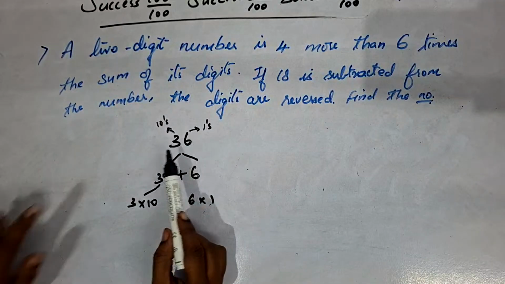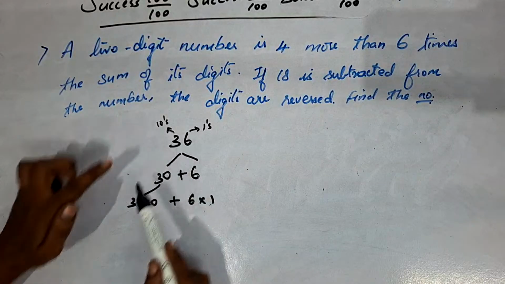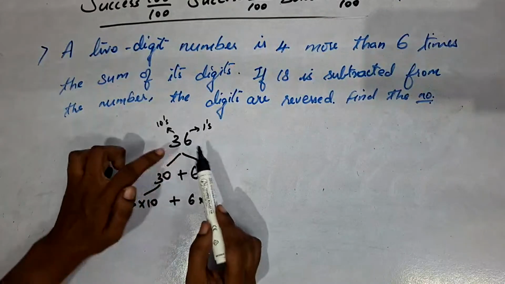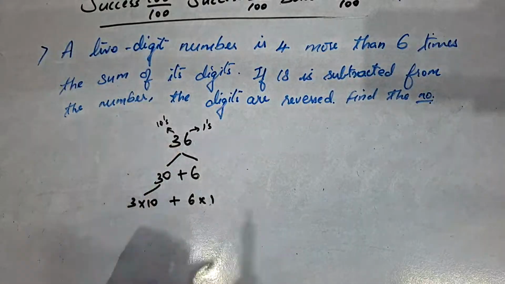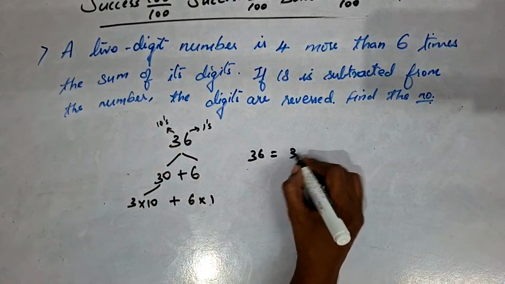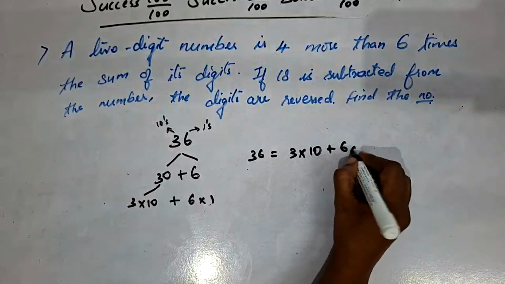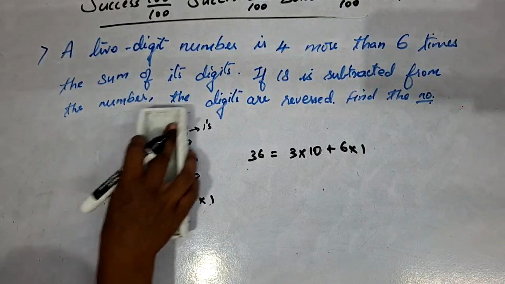That is, whatever digit is present in tens place is multiplied with 10, and whatever digit is present in units place is multiplied with 1. Therefore, 36 will be written as 3 into 10 plus 6 into 1. So this concept is important. Now let us get into this question.